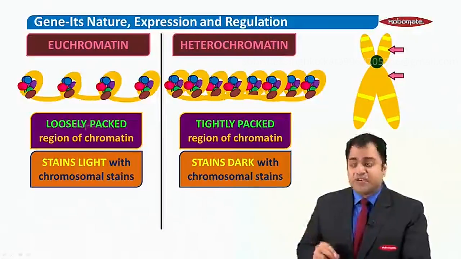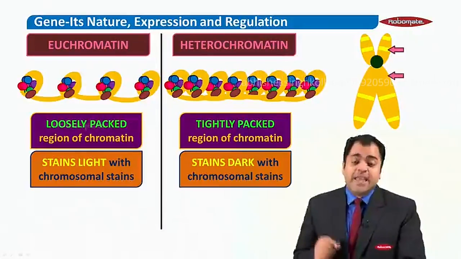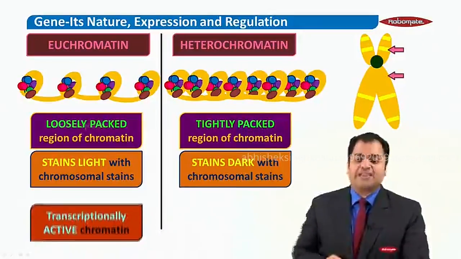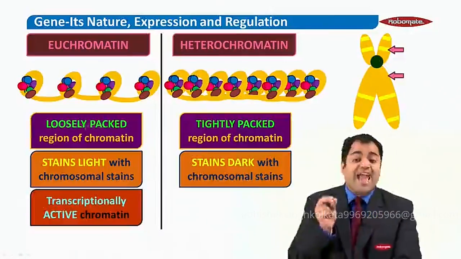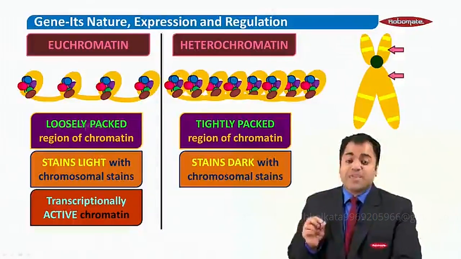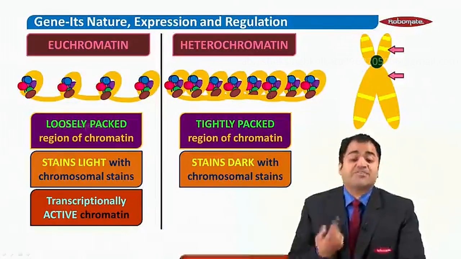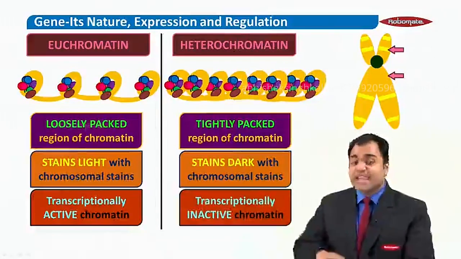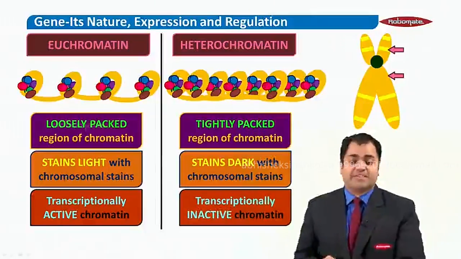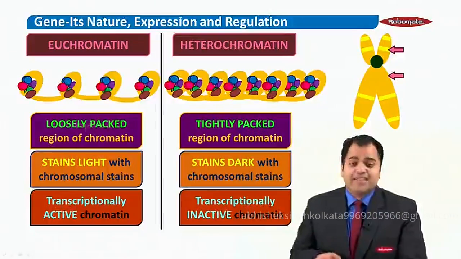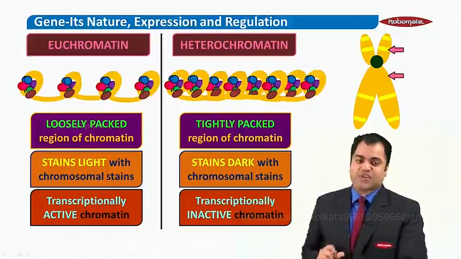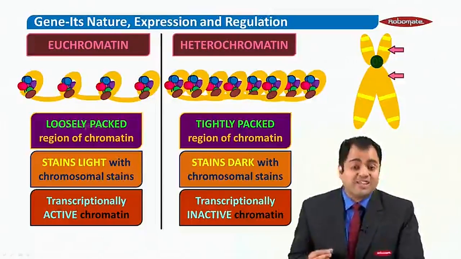Finally, the main difference between the two types of chromatin is that euchromatin is transcriptionally active chromatin, which means it will take part in the process of transcription. Whereas heterochromatin is transcriptionally inactive chromatin, which means it will not take part in transcription. Now what exactly is transcription?